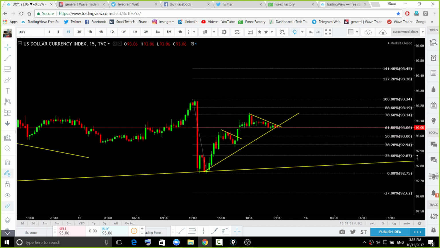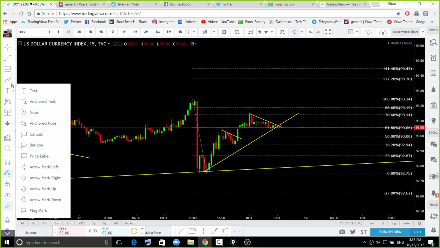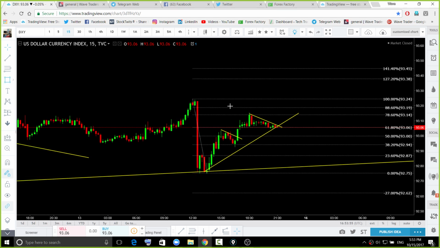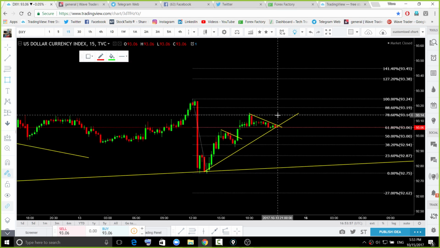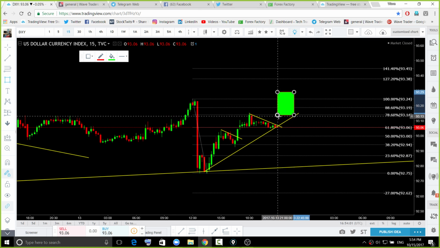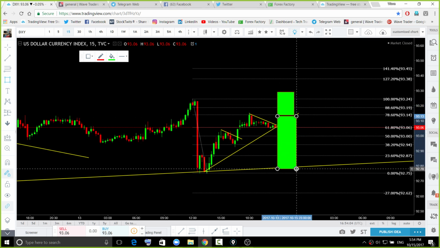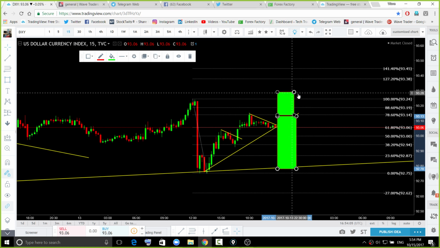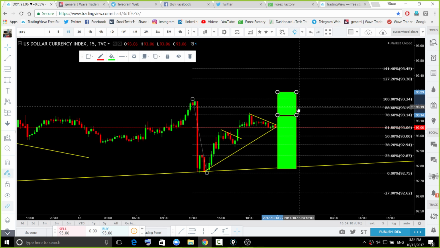Let me show you the risk reward ratio, something like that. So that's going to be the trade setup. Sell as high as possible, rather than selling at the current price.